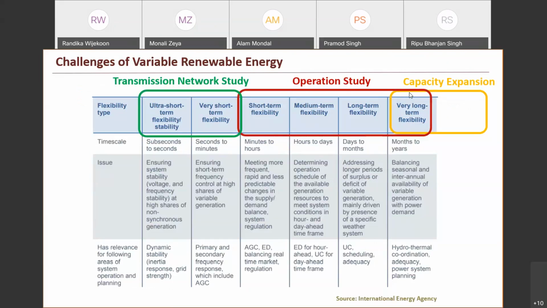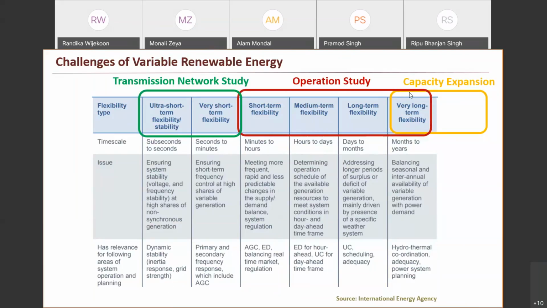These flexibility challenges are now very well defined and widely accepted. There are long-term flexibility challenges associated with capacity adequacy, power system reliability and hydrothermal coordination and so on.